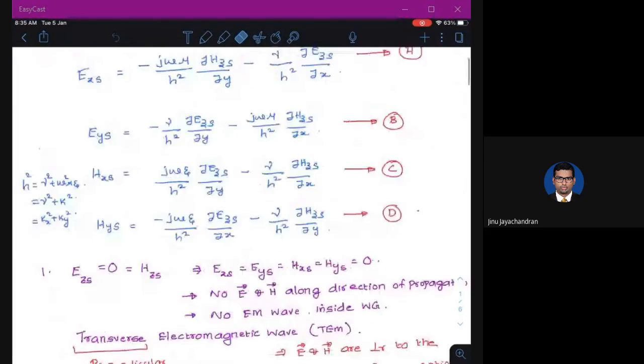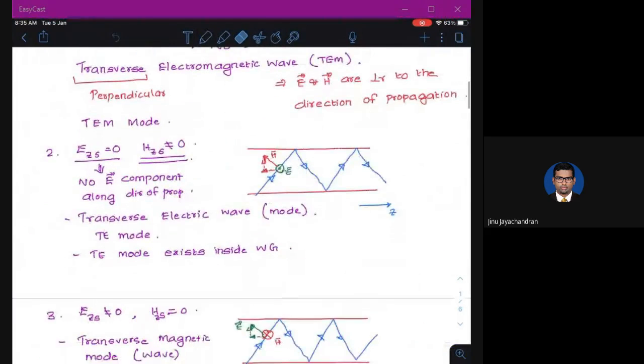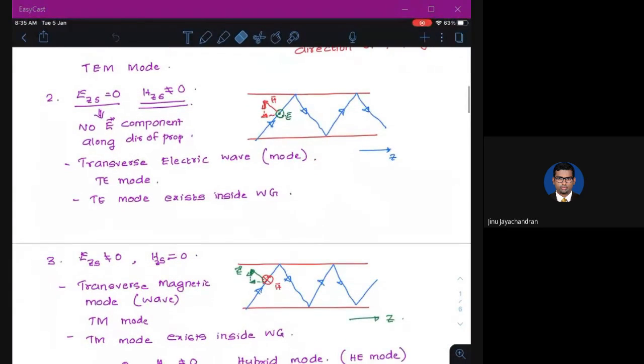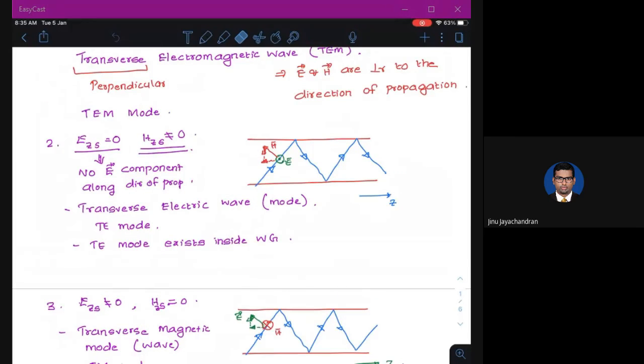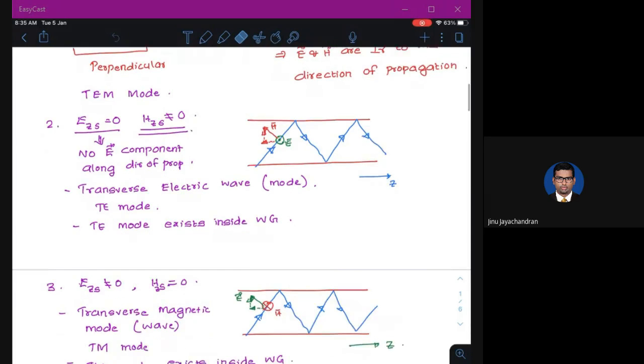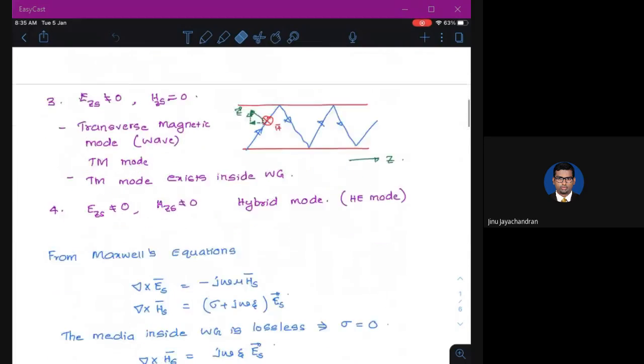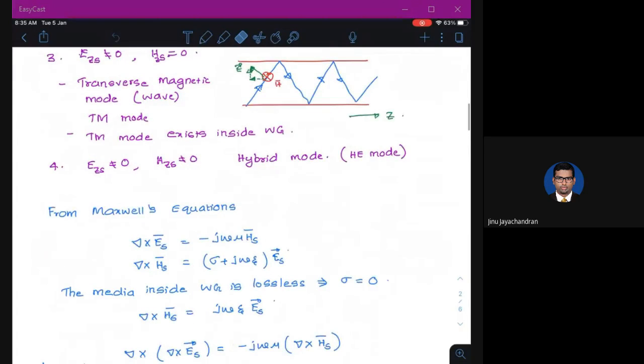Okay, so in the last class we had looked at the different modes. We saw that if there is no component of electric and magnetic field along the direction of propagation, then there will not be a wave inside a rectangular waveguide. Similarly, we have looked at TE mode, TM mode, and hybrid mode.